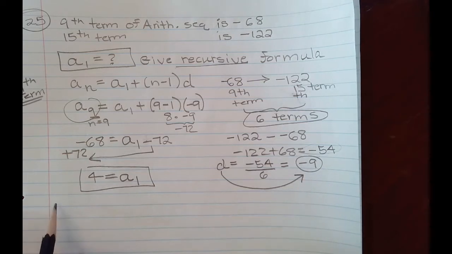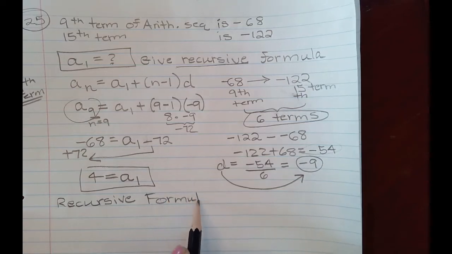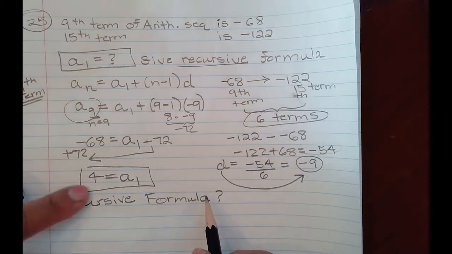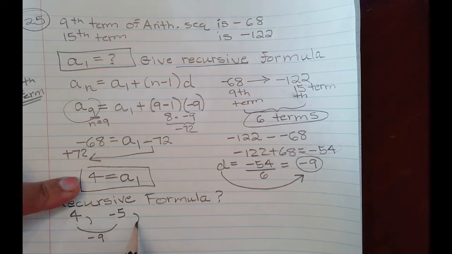Well, if you want to give a recursive formula, you can just list the elements of the sequence. Okay, first term, 4. Common difference as I go from one term to the next is to subtract 9. So I'm going to go from here to here, subtracting 9. 4 take away 9 is negative 5. Now I'm going to go from this term to the next term, subtracting 9 again.